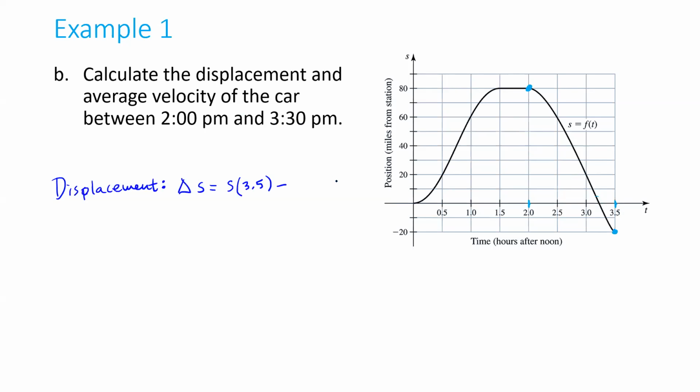Okay. So it would be his position at 3:30 minus his position at 2, right? Sort of like his final position minus his initial position. So his position at 3:30 we noticed was -20, meaning he's 20 miles west of the station. And then his position at 2 was at 80 miles east, so minus 80.